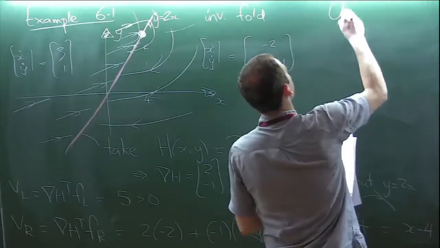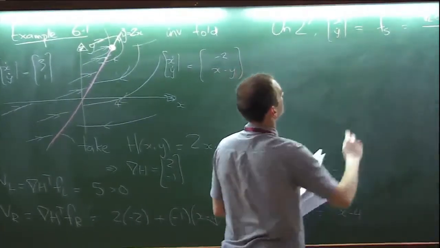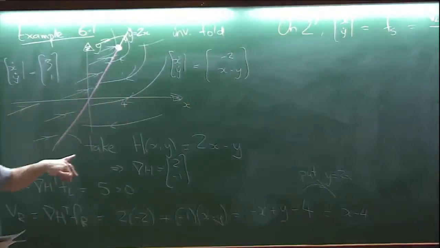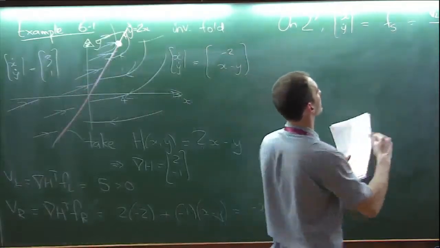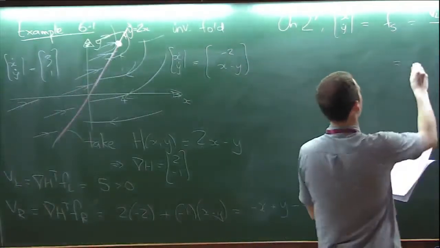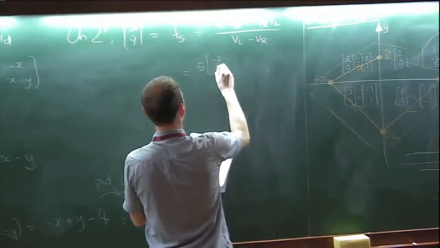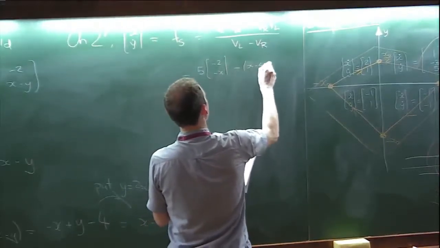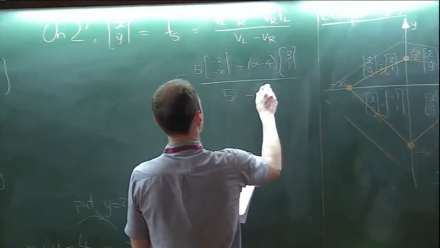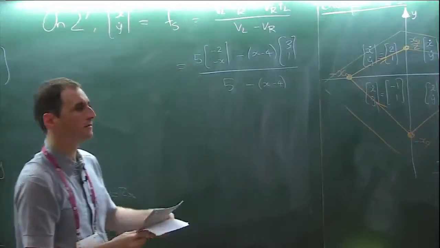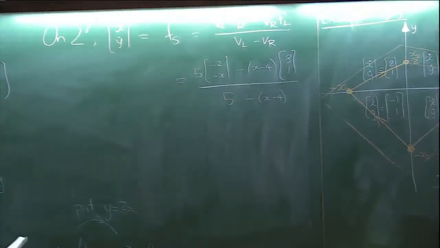So on the switching manifold, x dot and y dot are given by this, where we've got 5. Okay, so I've done VL is 5, and then I've done FR.